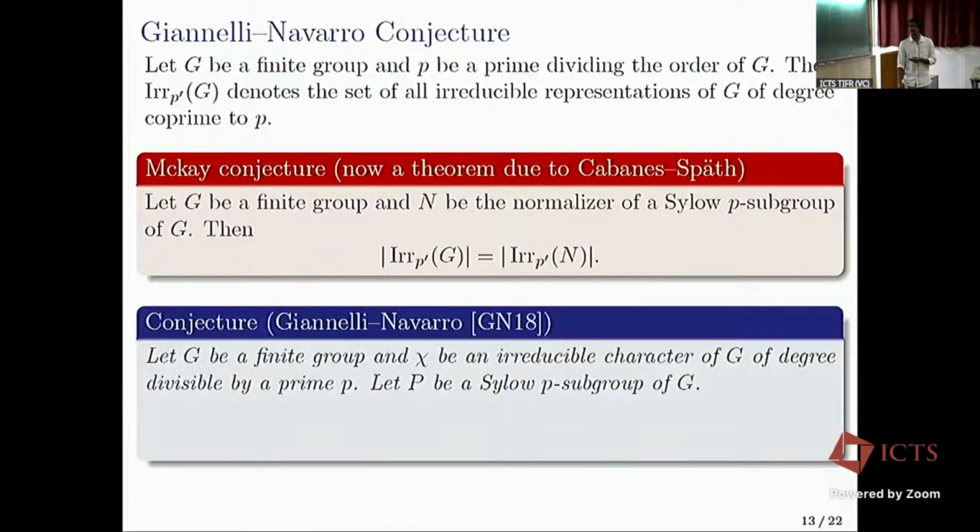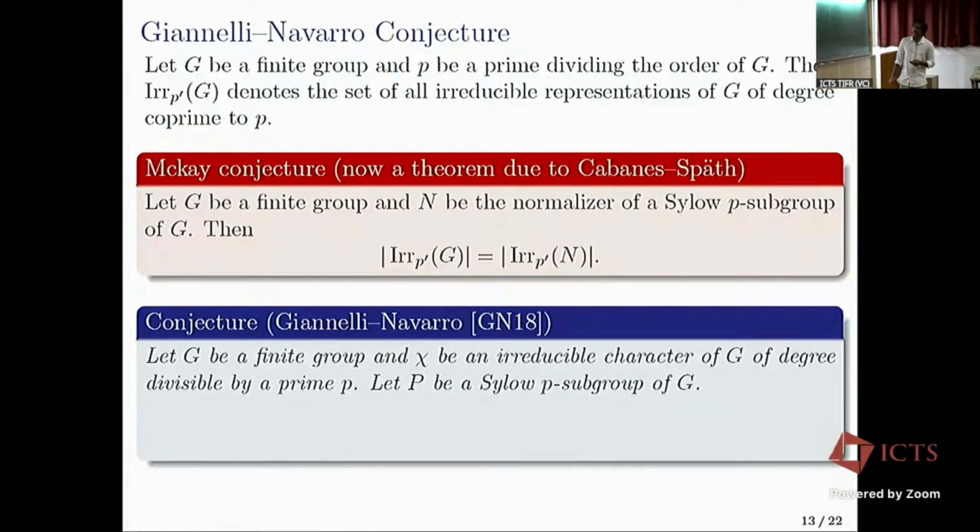Now let's come back to the Gelfand-Navarro conjecture. You can see that the McKay conjecture involves irreducible characters whose degree is coprime to P. Now you can ask what about the irreducible characters whose degree is divisible by P? That's really not taken care of.